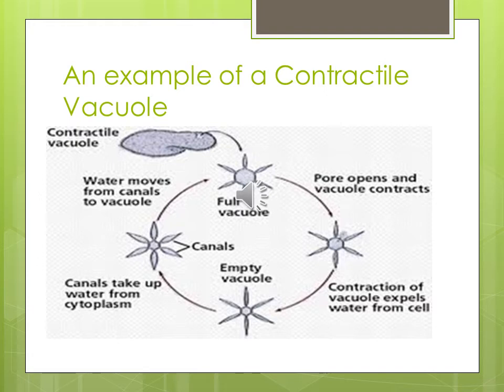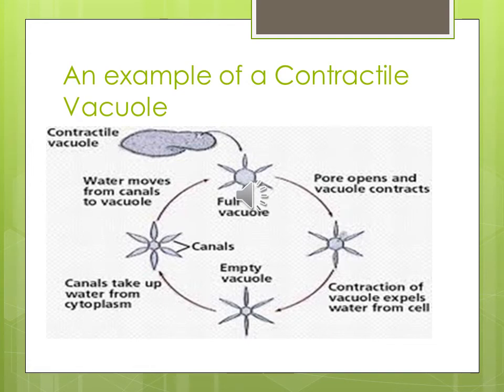In the first stage, called the diastole stage, the vacuole and canals are both empty. Then, when it feels like there's too much water pressure in the cell, it sucks up the water from the cytoplasm through its canals. After all the water it can hold in its canals is filled, the canals contract, emptying themselves into the vacuole storage in the middle of the vacuole.